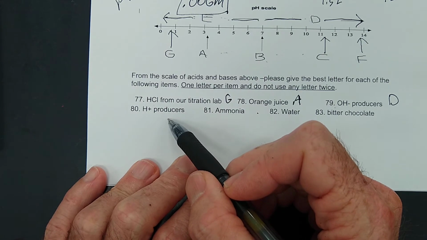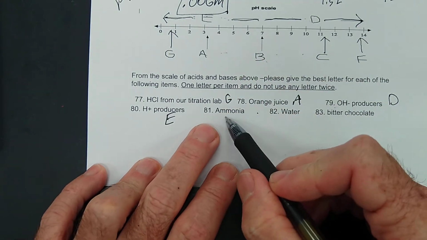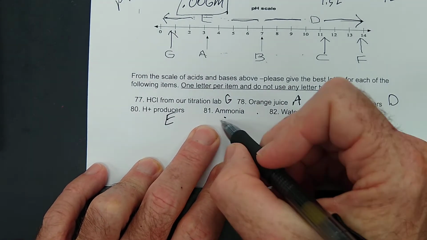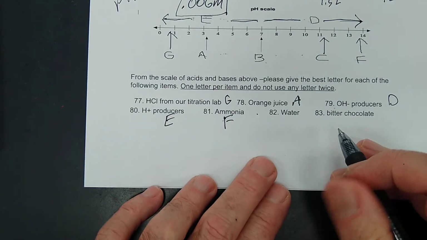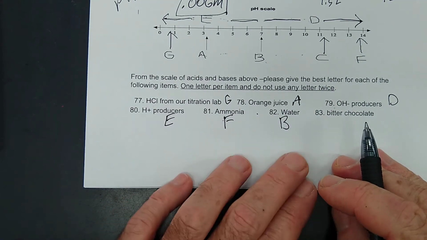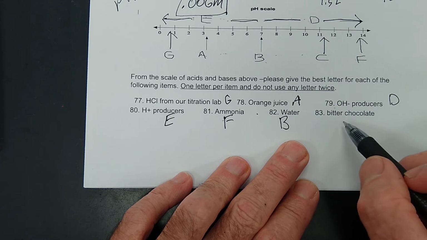All of the H producers. That's right, E. Ammonia, man, that's going to be the strongest base that we dealt with. Correct, F. Water. If you missed that one, I'm pretty much angry with you. And then bitter chocolate. That's going to be a base.